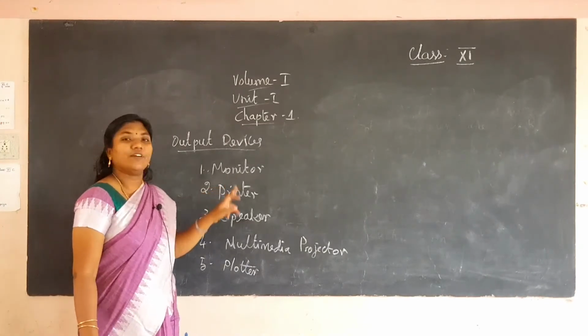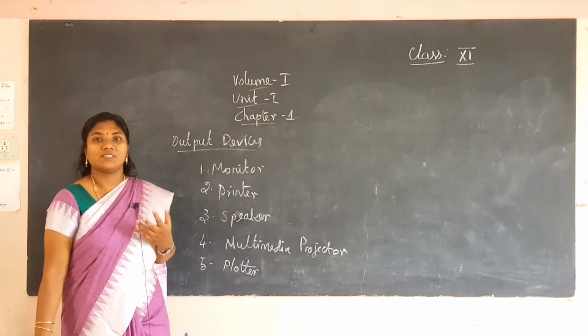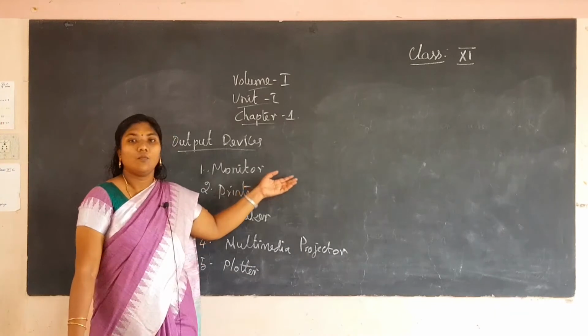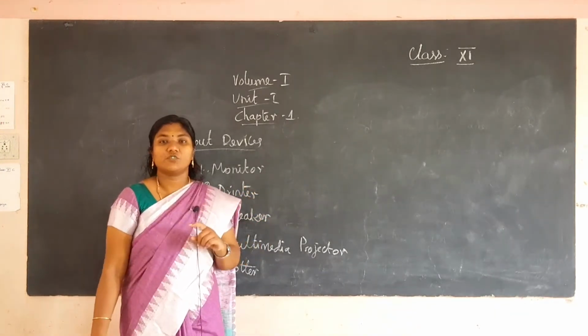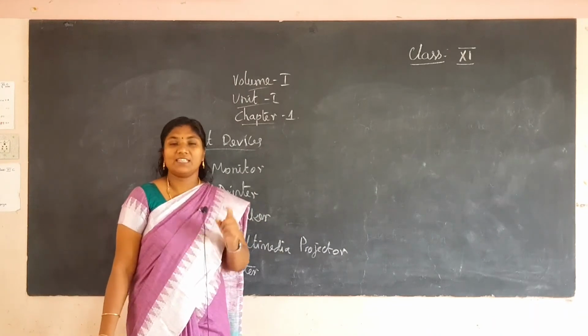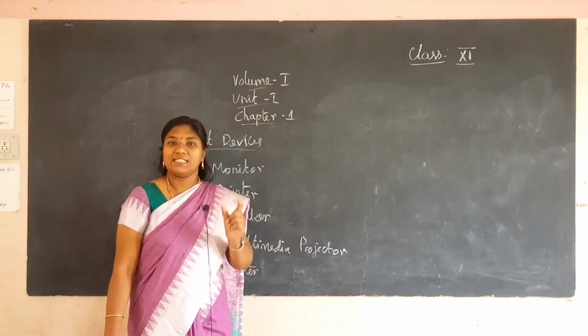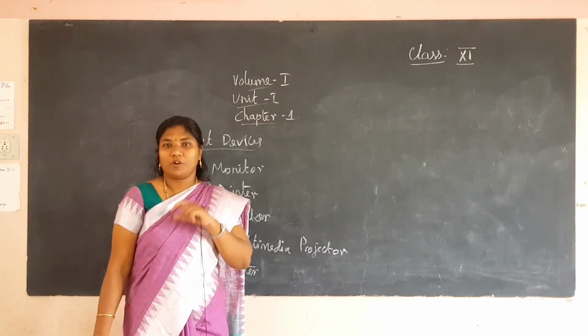Okay. So here first one, monitor. As you know very well, the output that we are processing we can see through the monitor. There are many types of monitor available. The first one is the CRT monitor, that is cathode ray tube monitor, then LCD monitor and LED monitor. Okay.